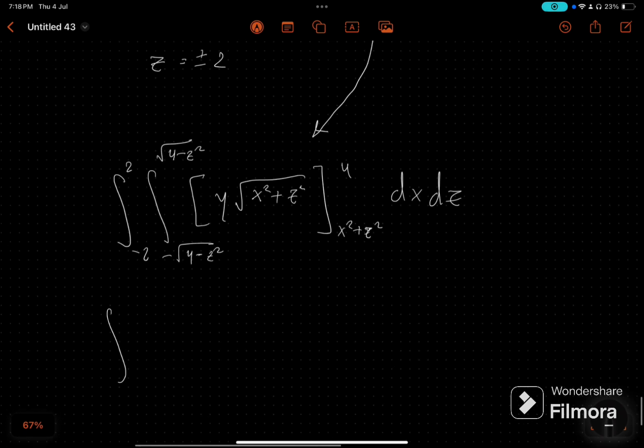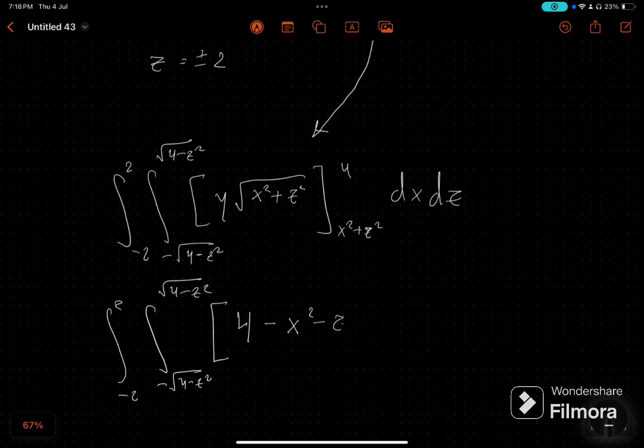Now substituting the value of y, 4 minus x squared minus z squared, times the square root of x squared plus z squared dx dz.